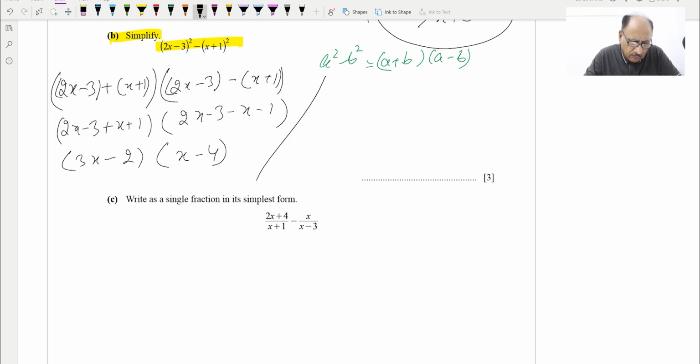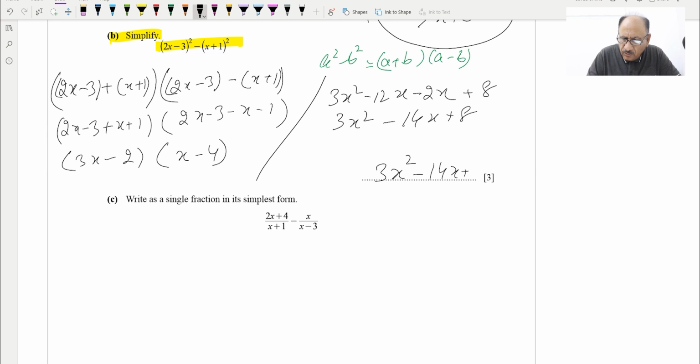Now we can multiply: 3x multiplied by x will be 3x square, and 3x multiplied by minus 4 will be minus 12x. Then minus 2 multiplied by x will be minus 2x. Minus 2 multiplied by minus 4 will be plus 8, and this will be 3x square minus 14x plus 8. This will be our final answer. Hopefully you understand this. This is for 3 marks.